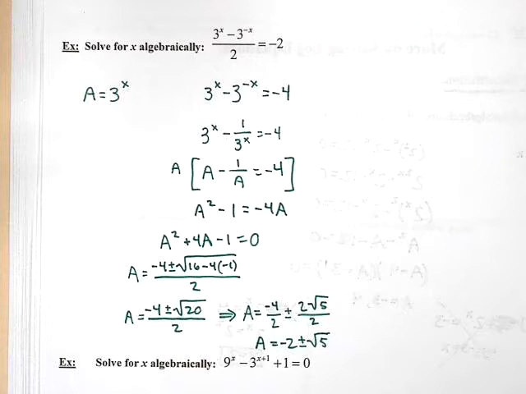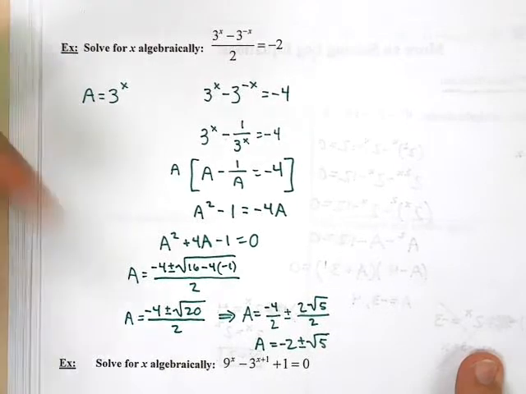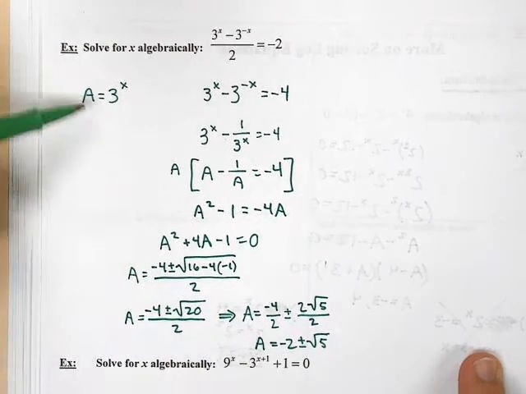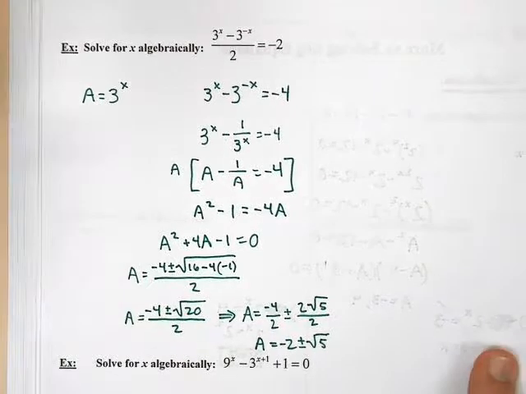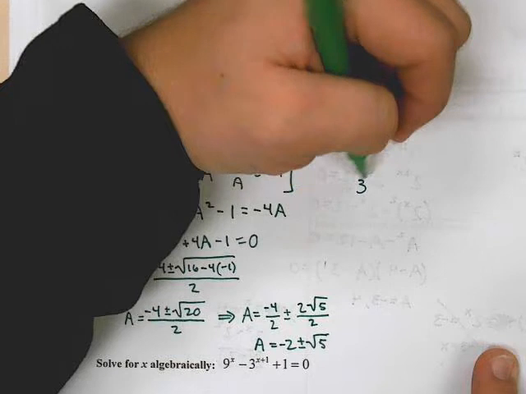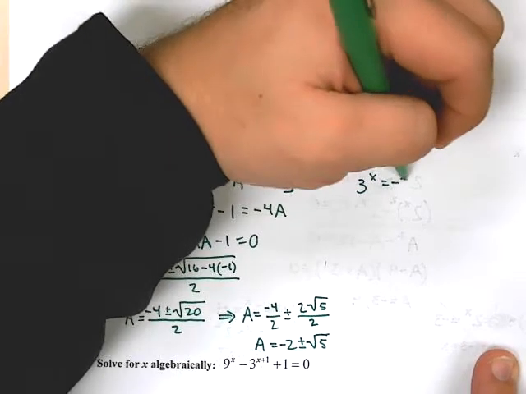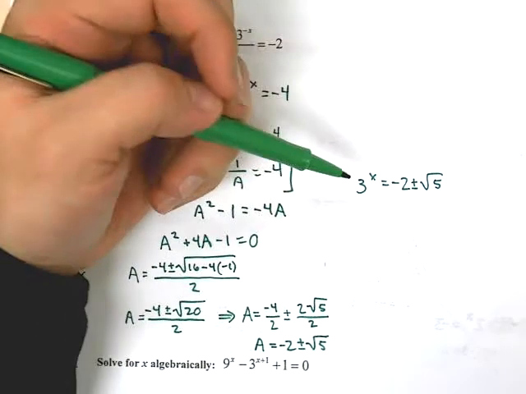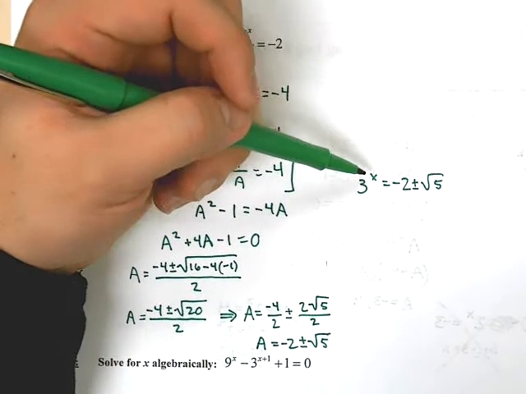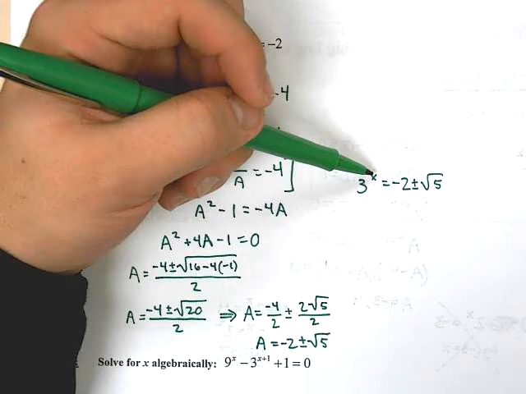You need to set the original, right? Or we need to substitute back in now into our a function. So 3 to the x equals negative 2 plus or minus root 5. And let's see here, I would want to change to log form because my variable is stuck in the exponent.